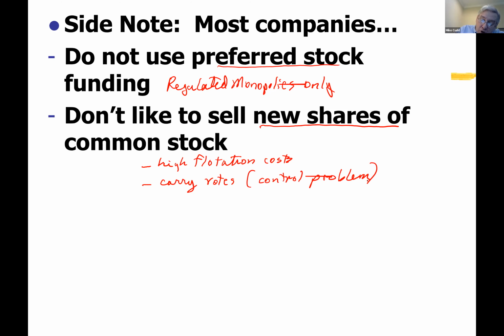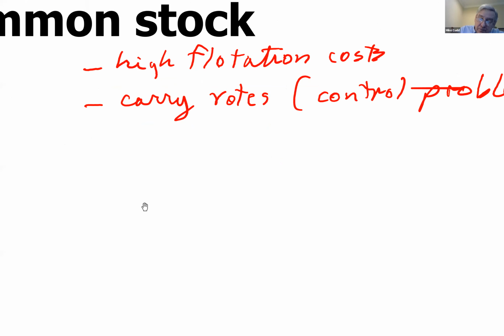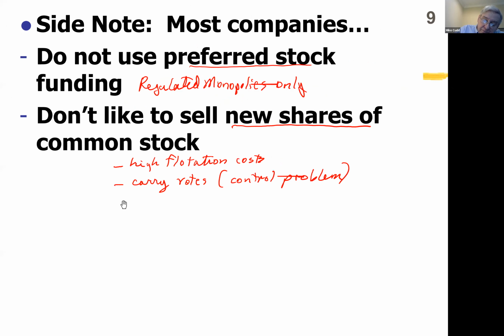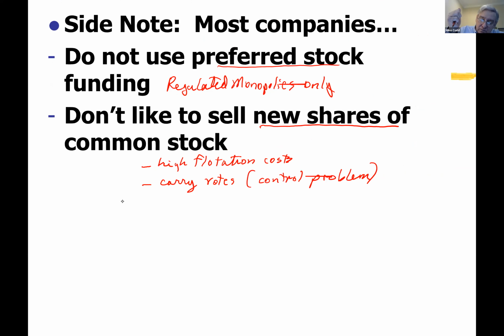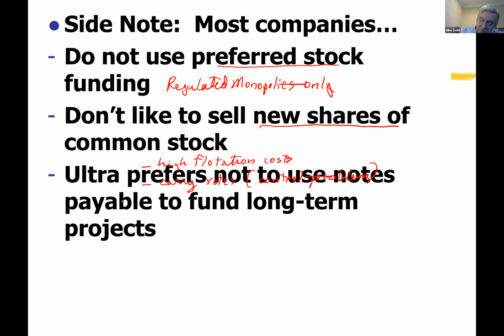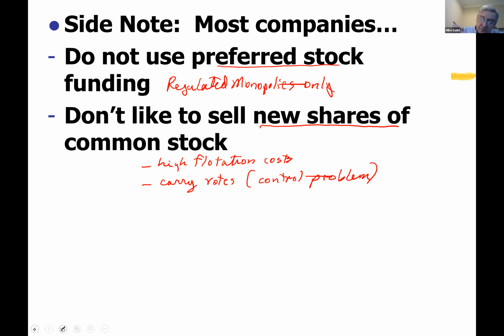But most of all, the reason companies don't like to sell common stock has to do with something called asymmetric information.